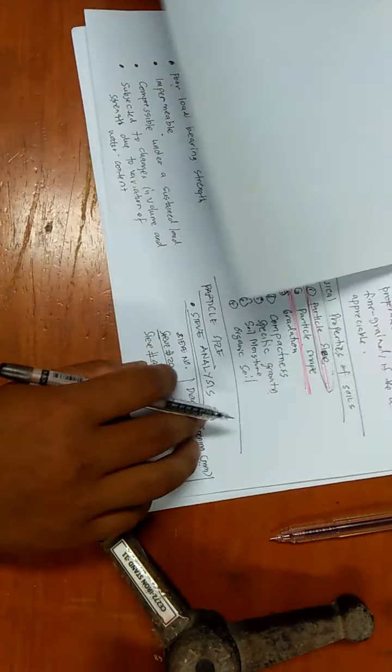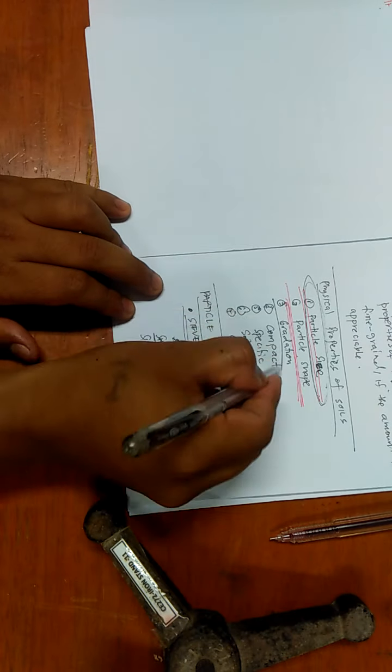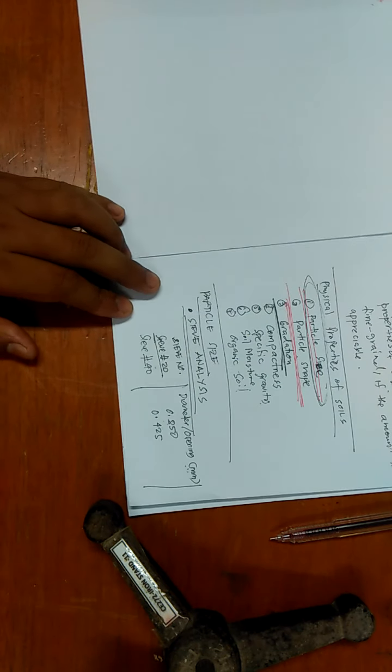We have here gradation. The number 3 physical property of soil is gradation. What does it mean?